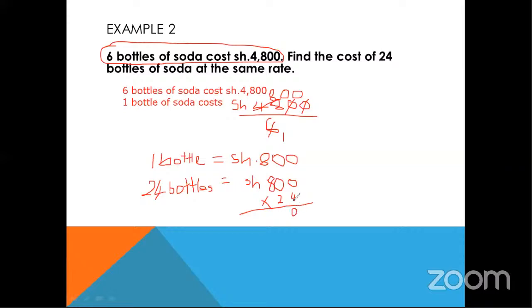Good, again we continue. 4 times 0 is 0. Now we are going to 4 times 8. What do we get? Samuel, what do we get? 32.